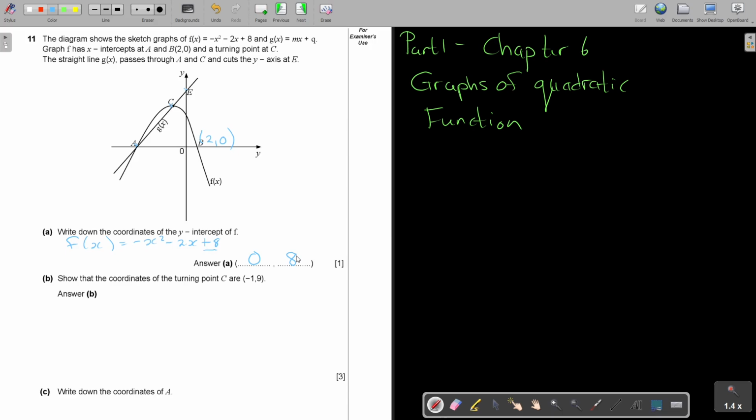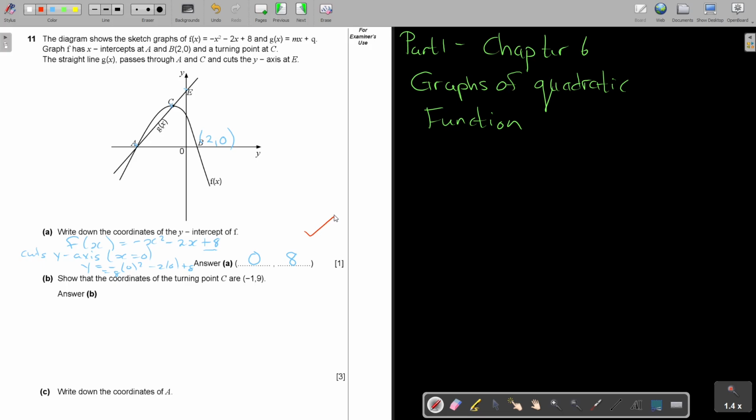But if you want to say, when it cuts the y-axis, you make x equal to 0. So I say y equals negative 0 squared minus 2 times 0 plus 8, and I get that 8. Okay, and that I will get 1 mark. I'll go now to the next part.